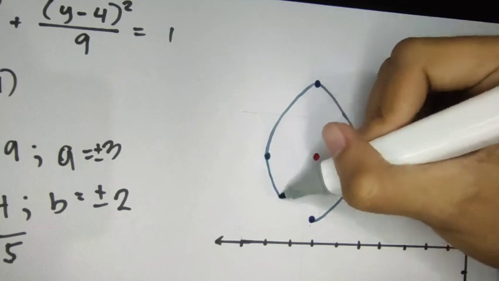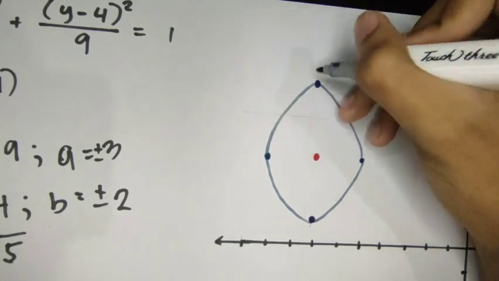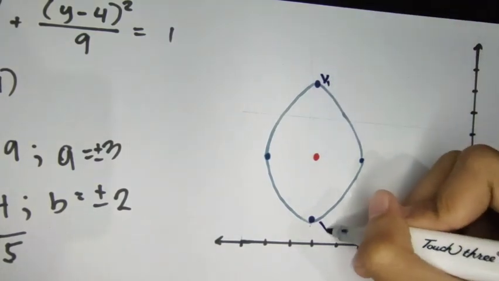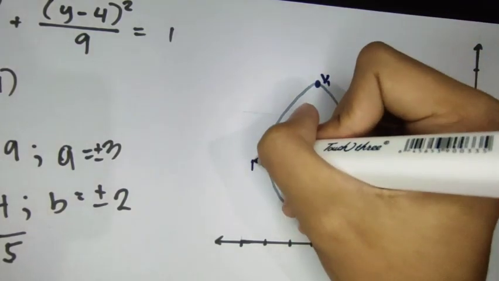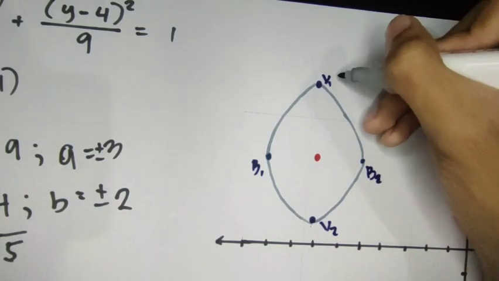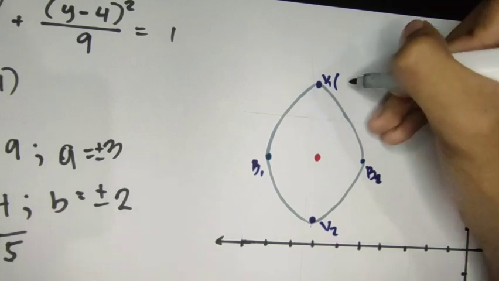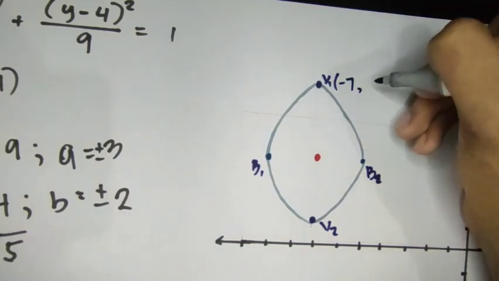Just don't mind how ugly this looks like. So v1 would be at -7, 7.